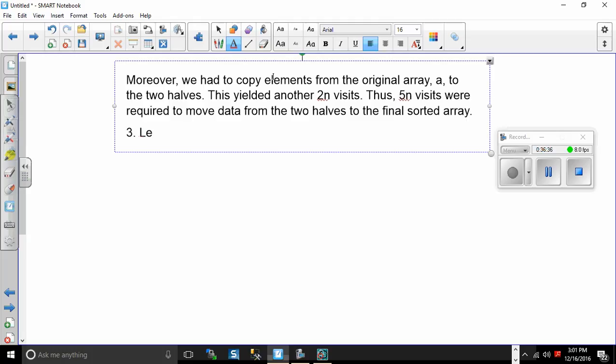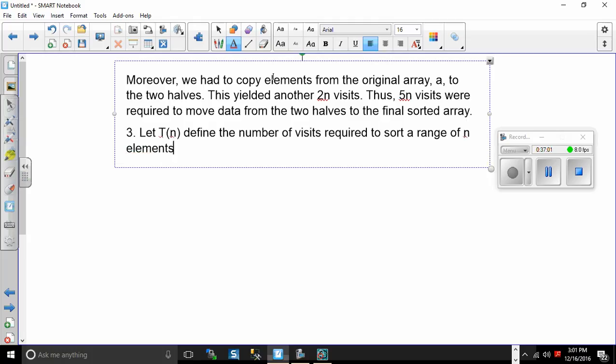Let T(n), again this is a function, define the number of visits required to sort a range of n elements. All right.